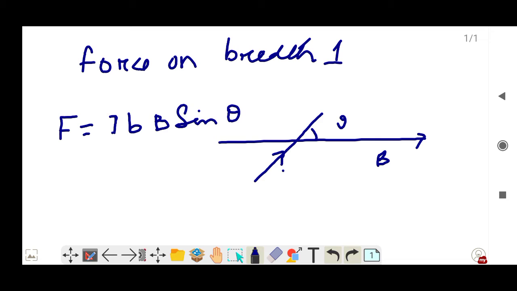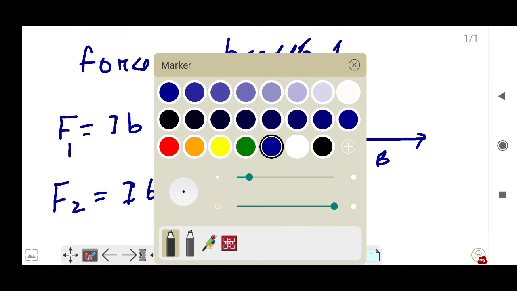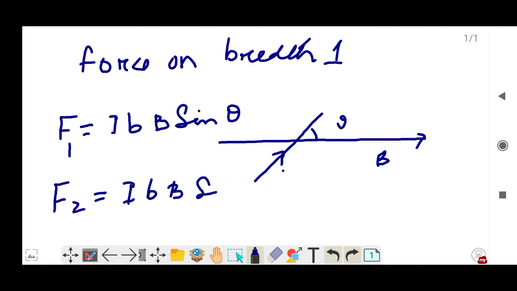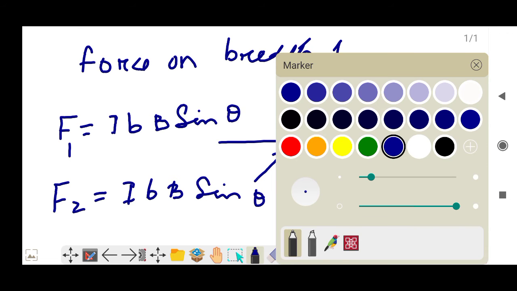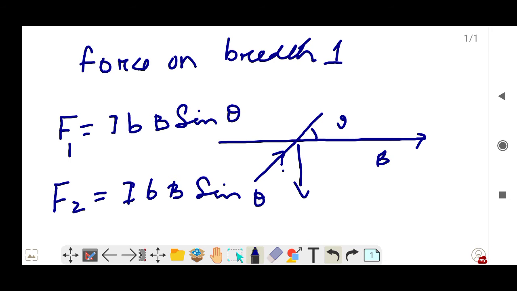So the force on one breadth I'll call F1, and the force on the opposite breadth will be equal to I B B sine of theta. Only thing is that on one breadth it will be directed downwards, on the other breadth it will be working upwards. They are along the same line.